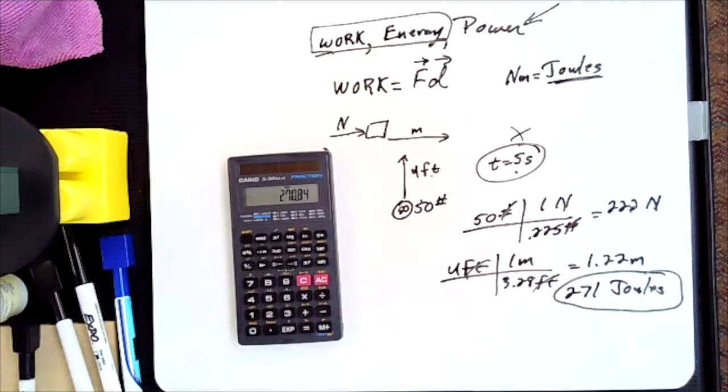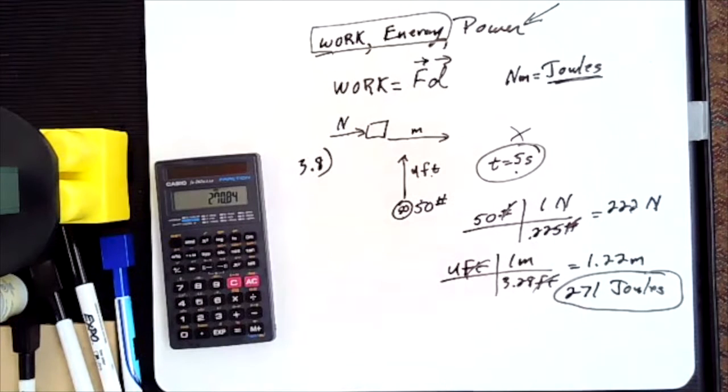So there's your answer for 3.8. All right, any questions on that? We've done those problems before, so hopefully it wasn't hard. I am kind of going a little fast today.